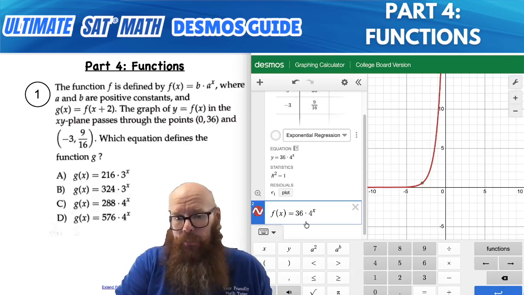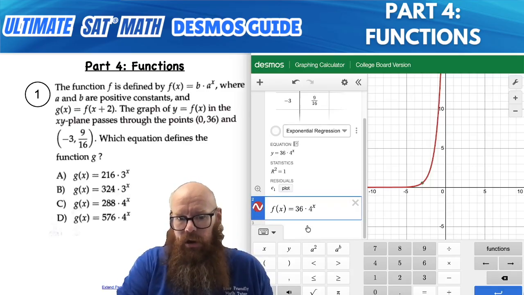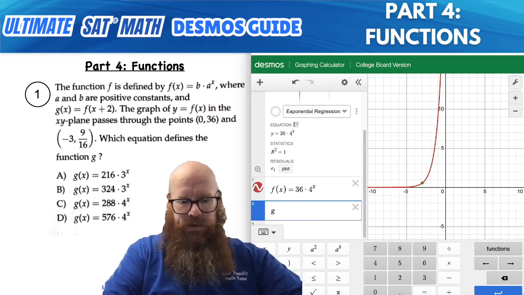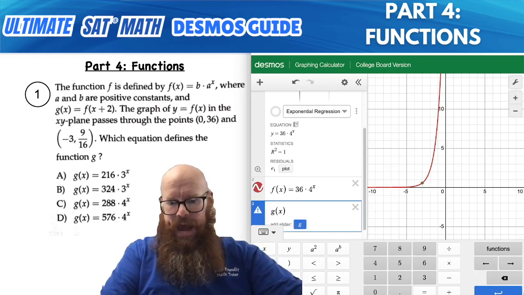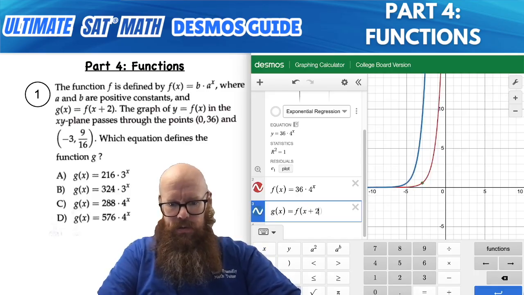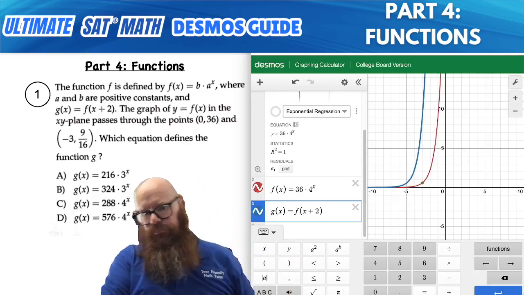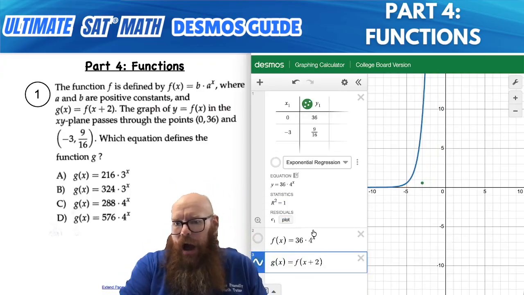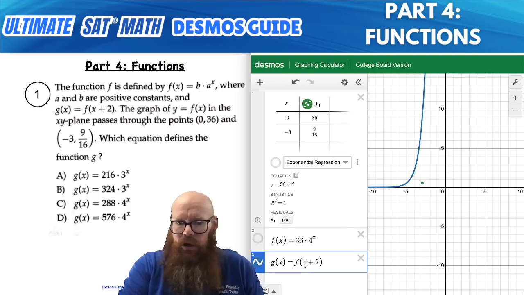Actually, I'm going to end up not wanting that clicked either. And then I want g of x. I'm going to define g of x as f of x plus 2. And I'm going to unclick this. So really, all I have here is f of x plus 2. Okay, that's what I want. G of x is f of x plus 2. I'm looking at g of x.